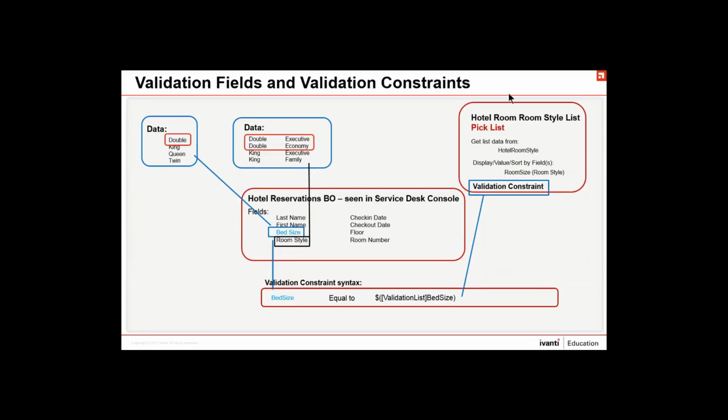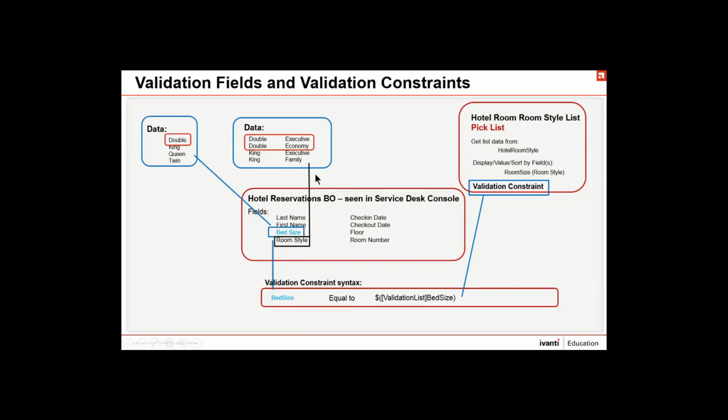Okay, so what we're going to do right now is add the validation constraint. In the pick list, well, actually, we've already created it, but we're going to put this constraint down at the bottom. And the way you read this would be: this here would be the field your reservation clerk would pick first.